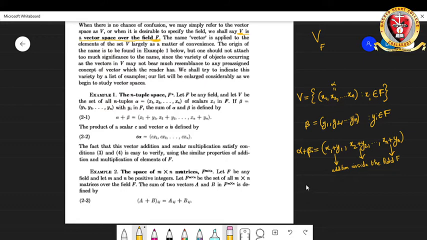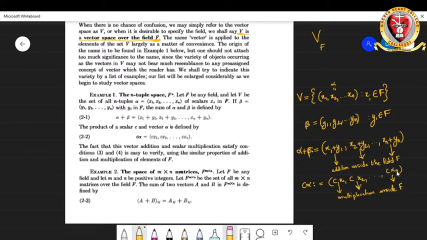And then we are going to define C alpha as Cx1, Cx2, etc., Cxn. Here, not addition, this multiplication is happening inside F, right?